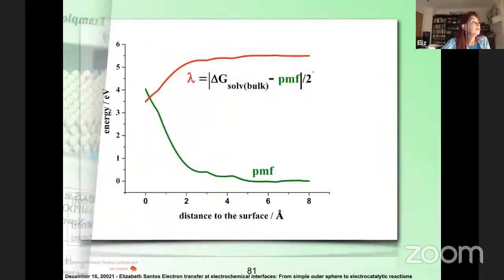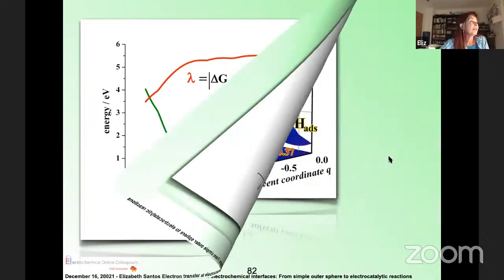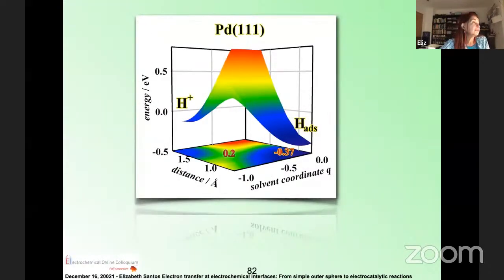Then with the potential of mean force as we calculate for the system, we can obtain this reorganization energy through this equation. The details of where this equation comes from are in the literature. I think it's not the time to explain so much. And then we obtain this.